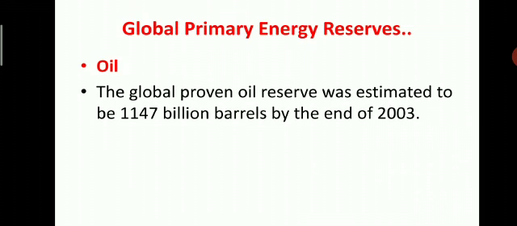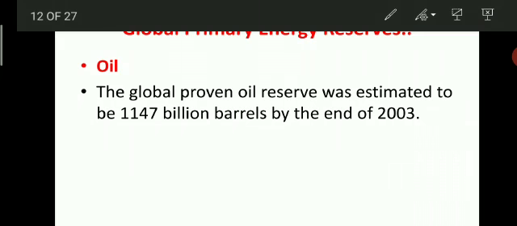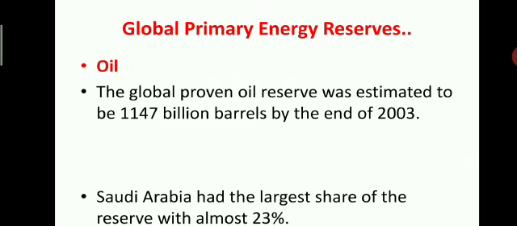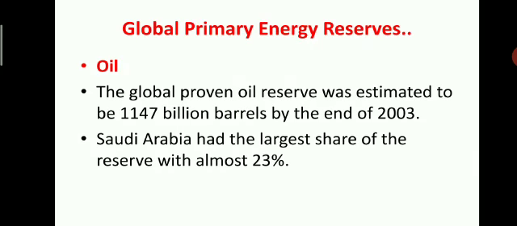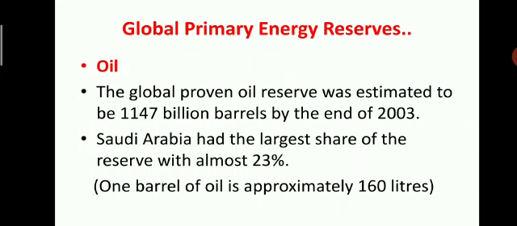But for idea purposes, we can see that oil reserve was estimated to be 1147 billion barrels in the year 2003. Saudi Arabia had the largest share of the reserve with almost 23%. 1 barrel of oil is approximately 160 liters. So this is the information related to oil reserves.